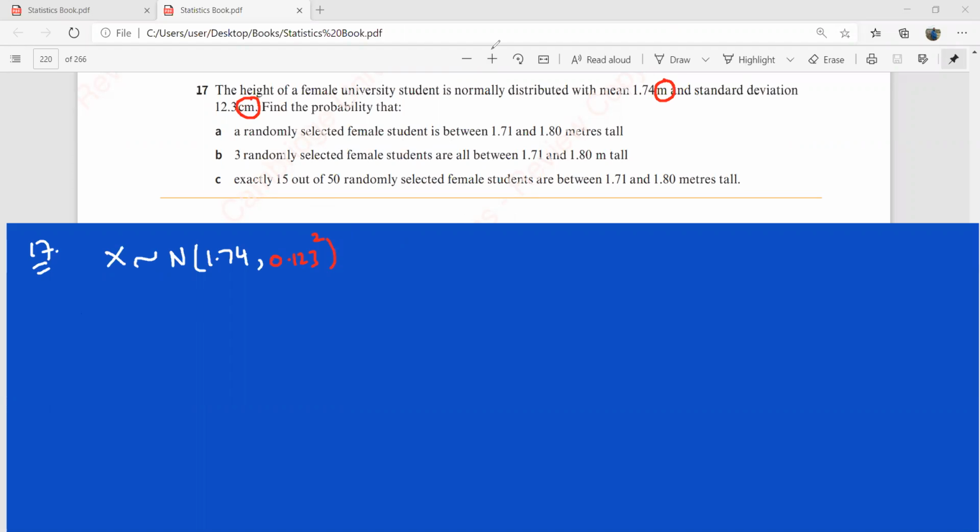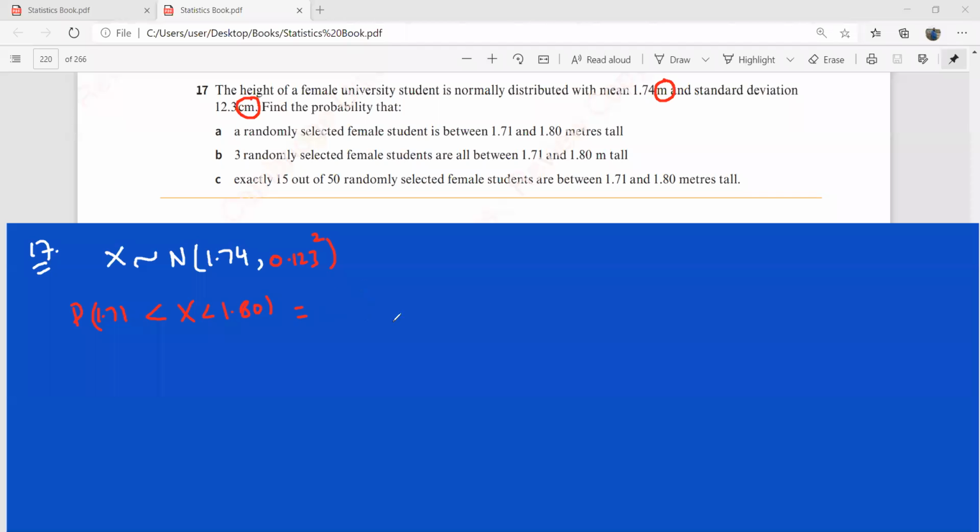So we have to find the probability that a student is between 1.71 and 1.84. Okay, we have to find this probability. So that will be equal to, so this is always about standardizing your distribution here.